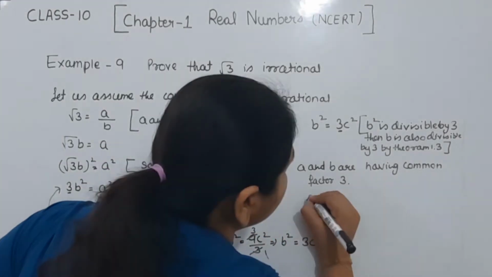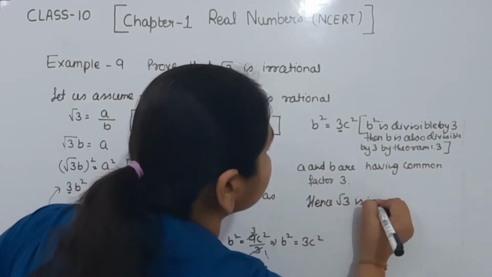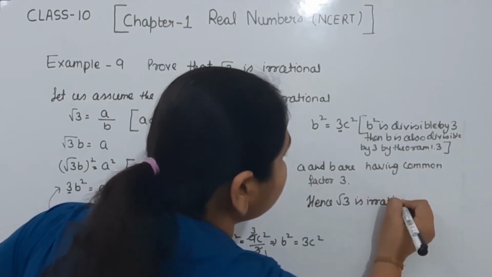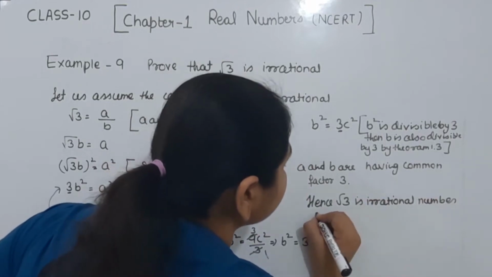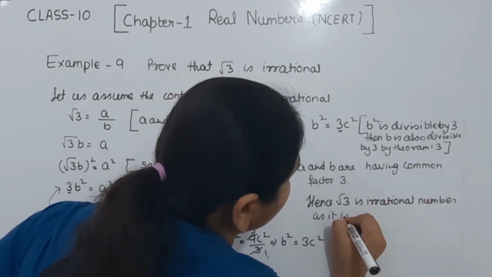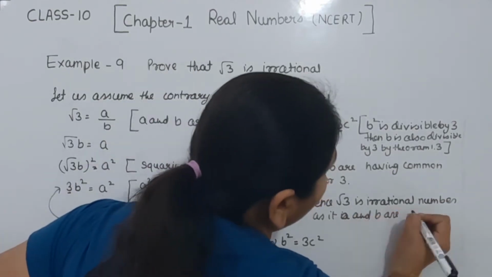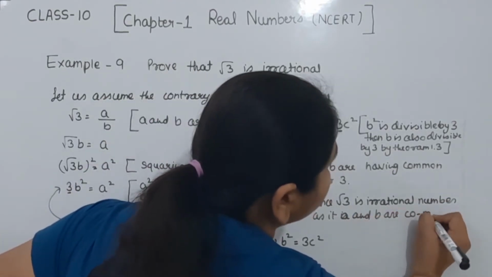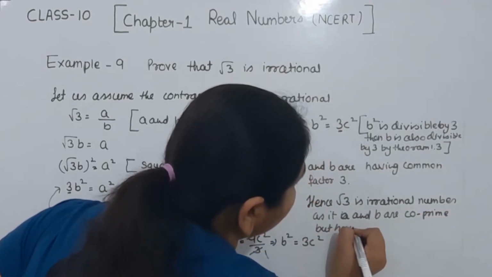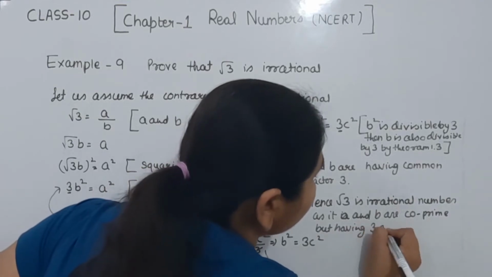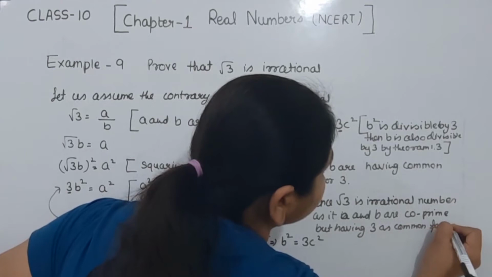So I'm going to write here, hence root 3 is an irrational number as a and b are co-prime but having 3 as a common factor.